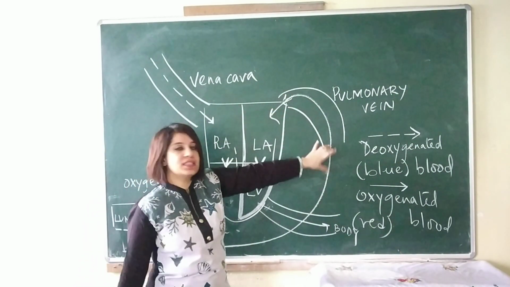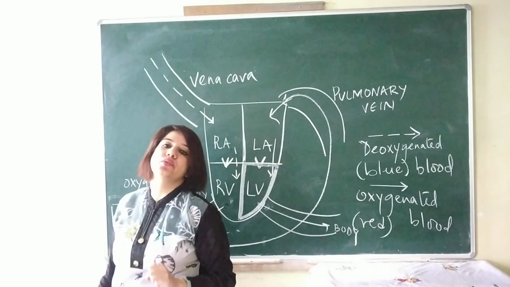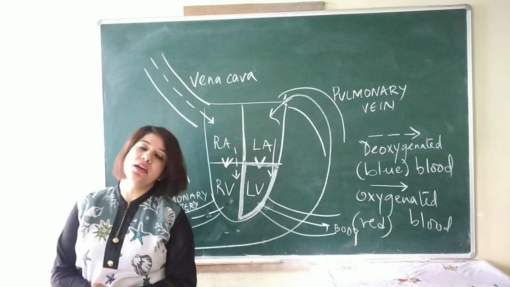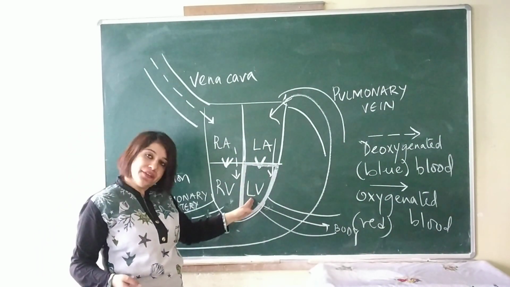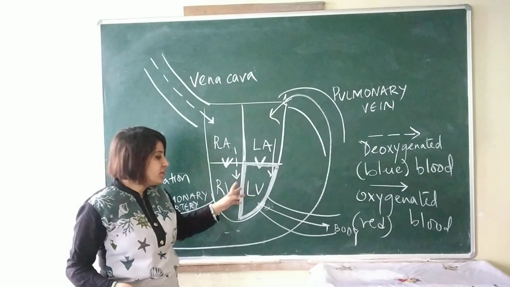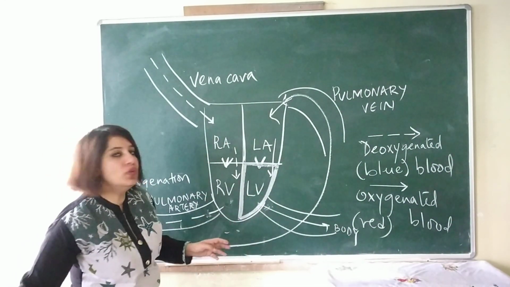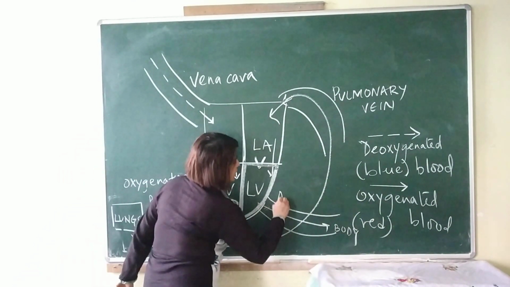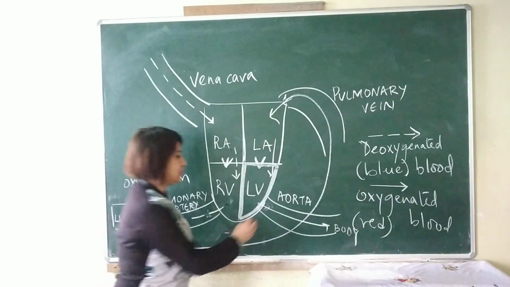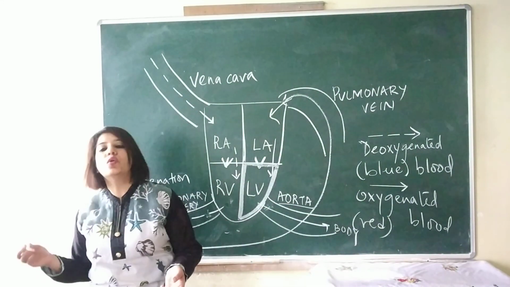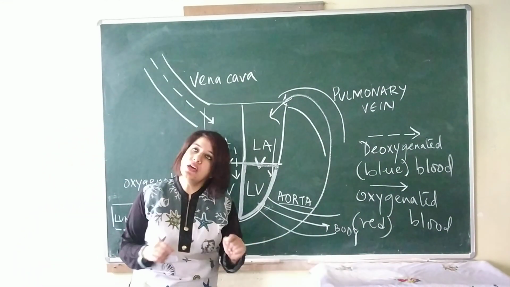And who carries it? The pulmonary vein. It is the only vein which carries oxygenated blood. This oxygenated blood now enters the left ventricle, and from the left ventricle it is sent to the different parts of the body. And who carries it? The aorta. So the aorta carries oxygenated blood to the different parts of the body.